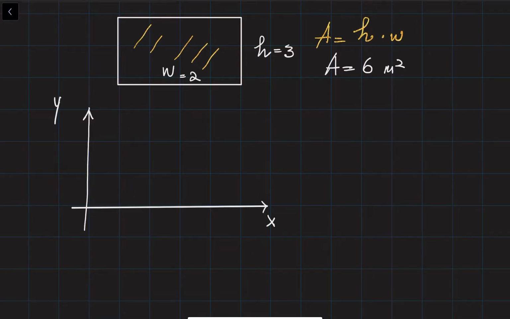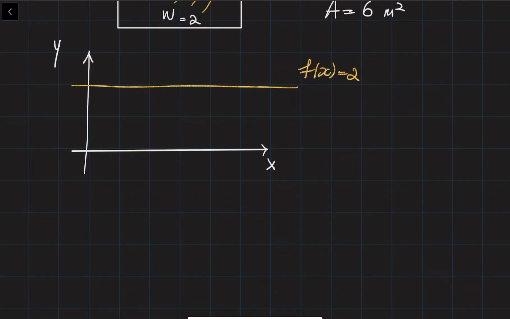If you're given a function, let's say f of x is equal to 2, which is simply a horizontal line, and I would like to figure out its area between 1 and 5, let's say. So I would like to figure out the area under this curve. Well, in order to do this, I need to know the height.